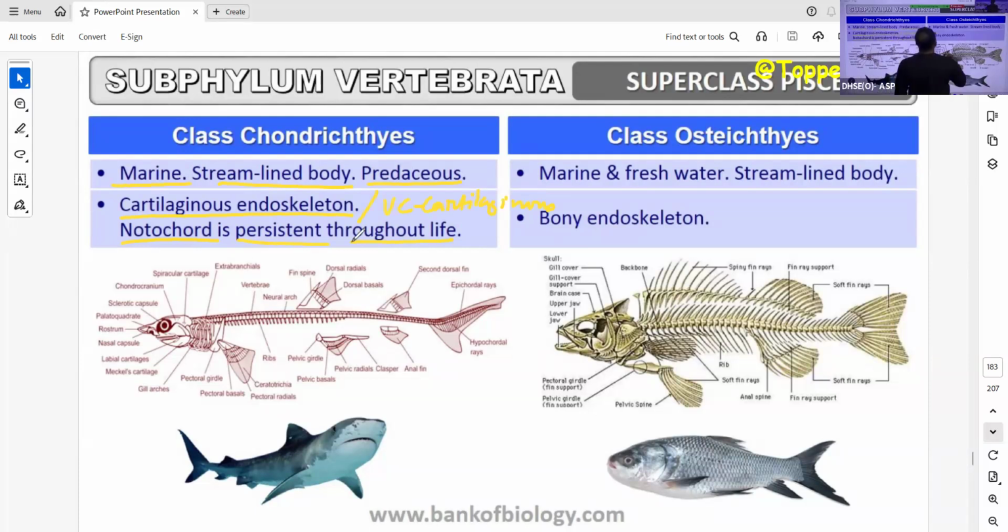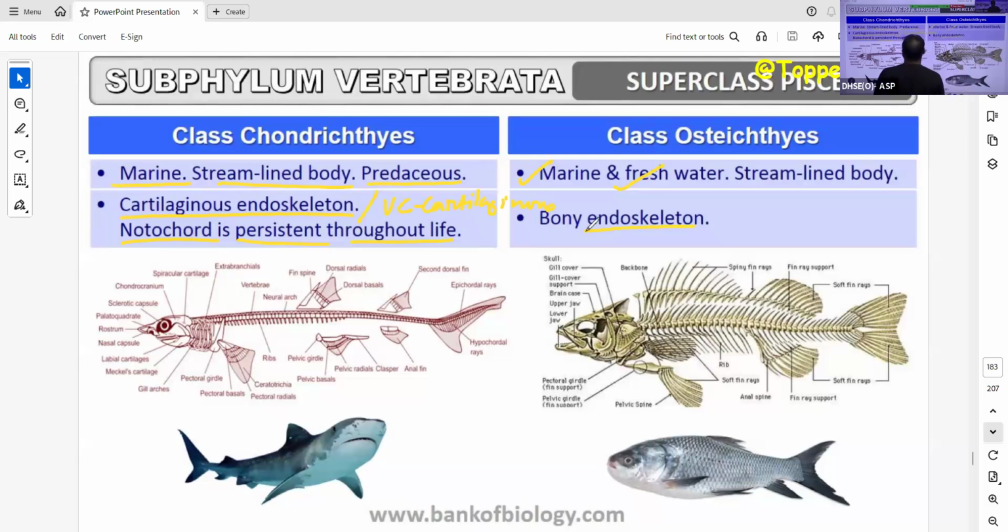Then Osteichthyes can be both marine and freshwater. Chondrichthyes or elasmobranch is mostly sea. And Osteichthyes have both bony as well as cartilaginous skeleton, a combination.